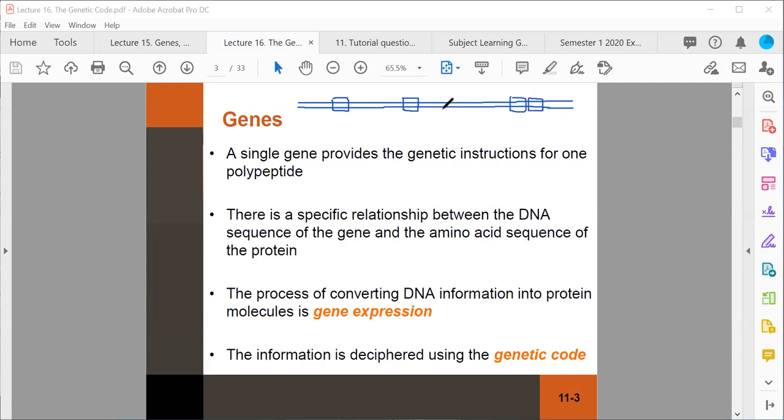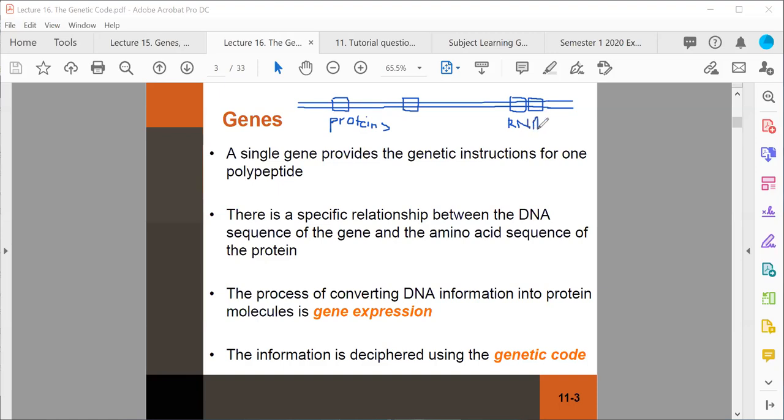Most of the DNA, in fact, is not coding for anything. Some of these, yes, may code for proteins, but some genes may code for various types of RNA molecules.